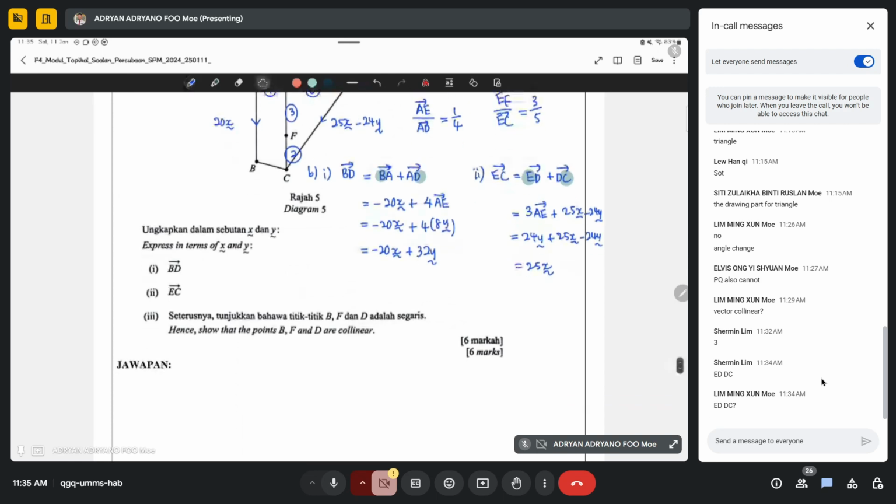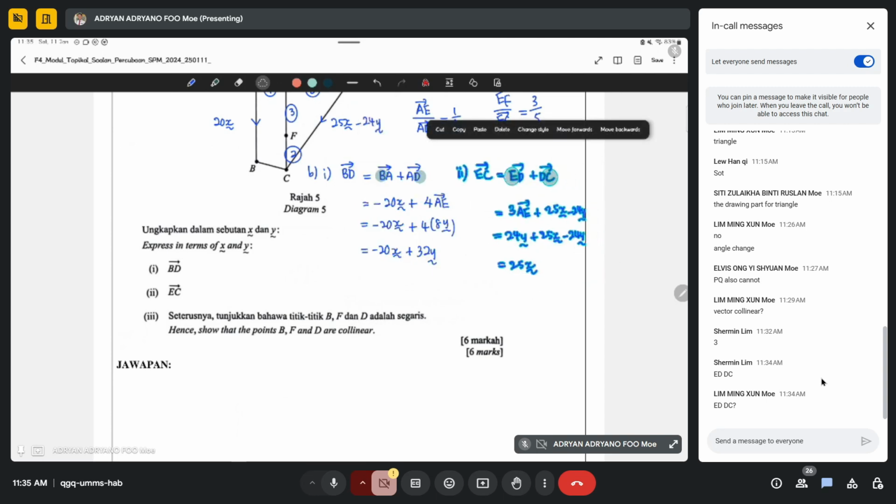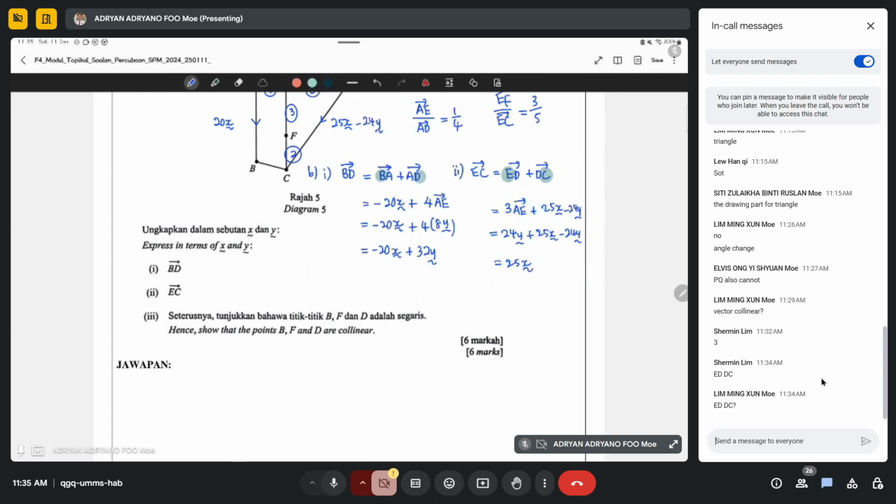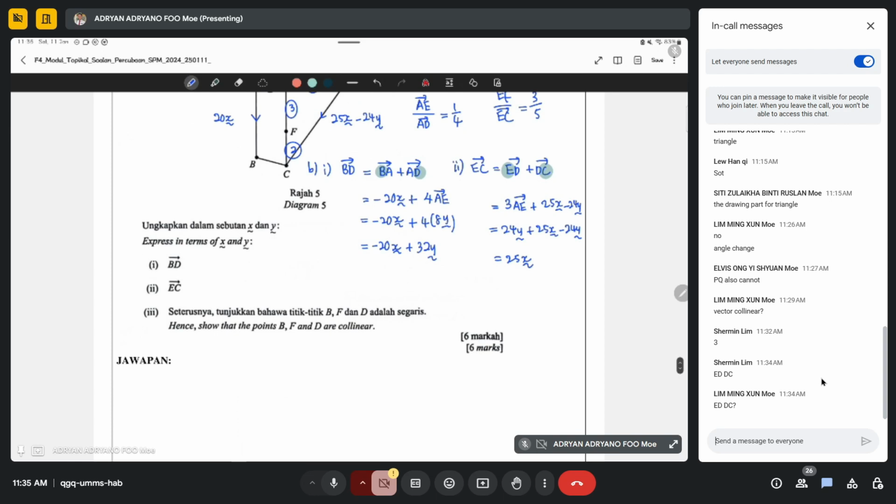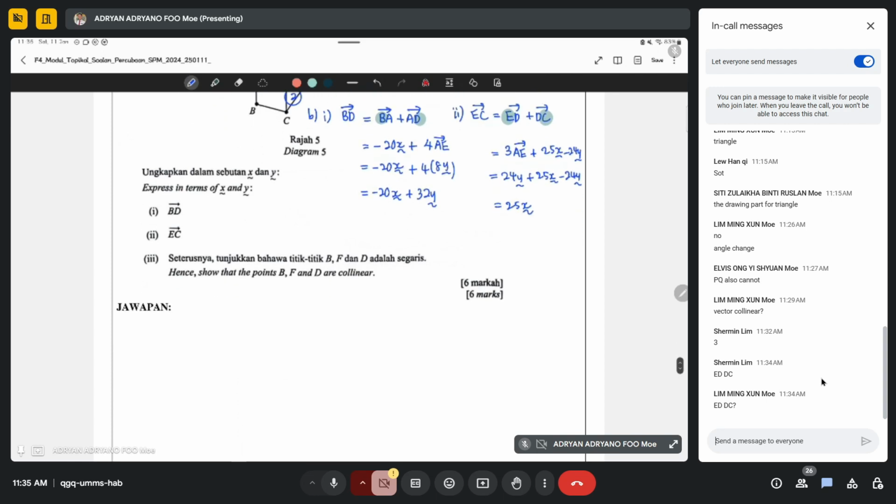Now you have BD and EC 对吗？Okay, now question 3. Show that the point B, F and D are collinear. Okay, for collinear 你有很多种，你有很多 pattern，我们不要限制只一个 pattern，它可以有很多 pattern.